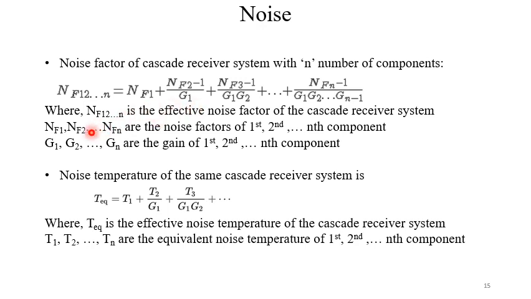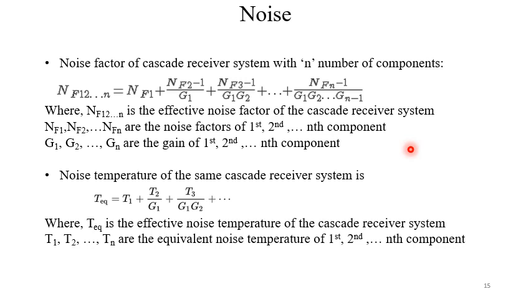Here this one is the effective noise factor, and NF1, NF2, NF3, all these are the noise factors of the first, second and all the components up to the nth component, and G1, G2, G3 are the gains of the first, second and nth component.